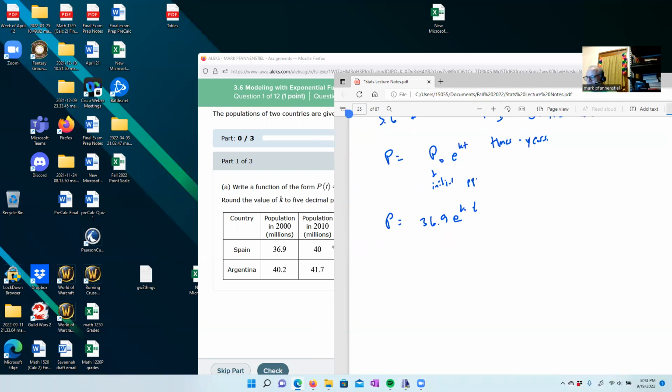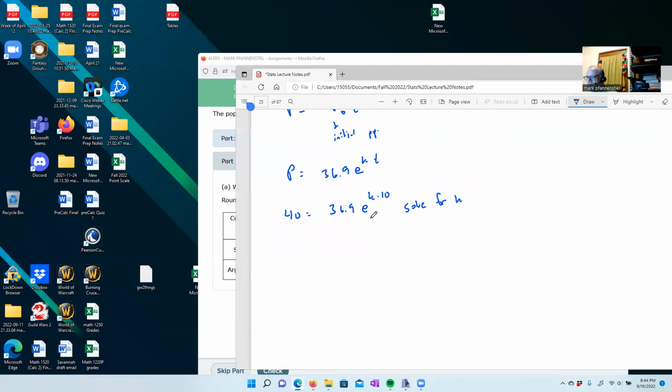What's the population in 2010? That's 40 equals 36.9 e to the k times, how much time had passed? 10 years had passed. Now we just have to solve this for k. Because we're trying to solve for k, eventually we're going to need a logarithm.